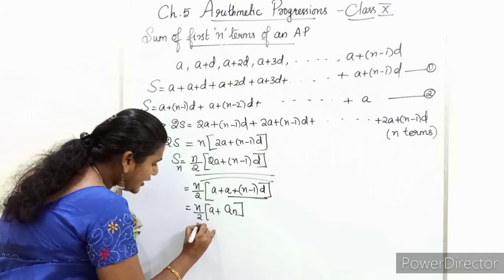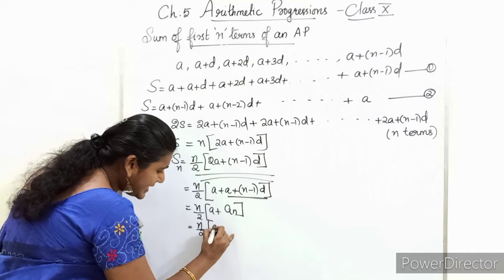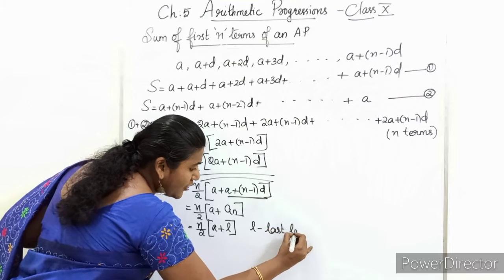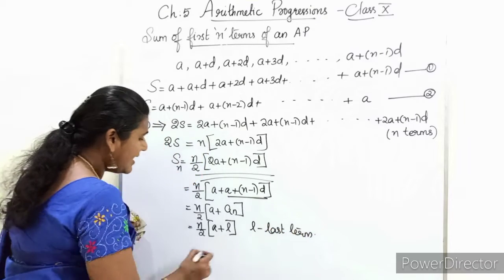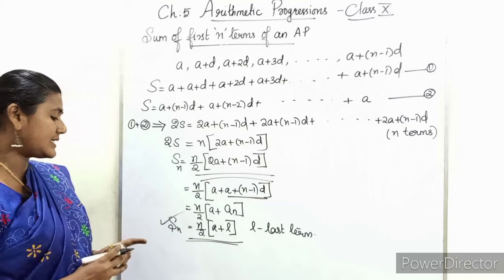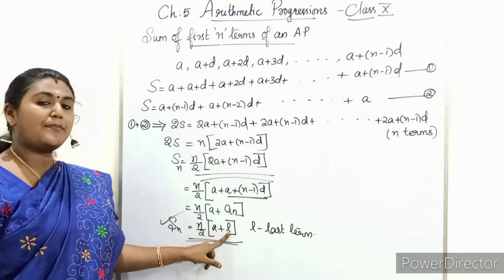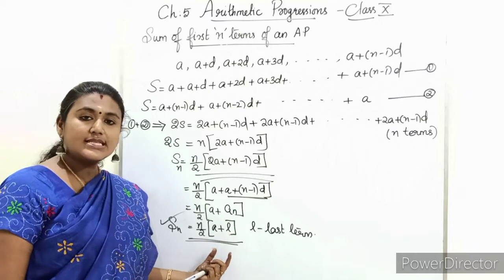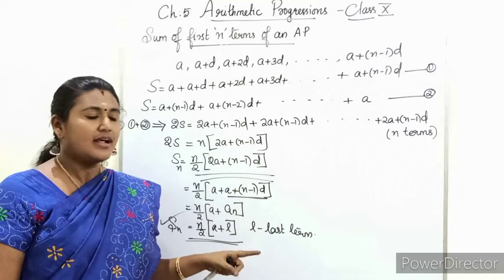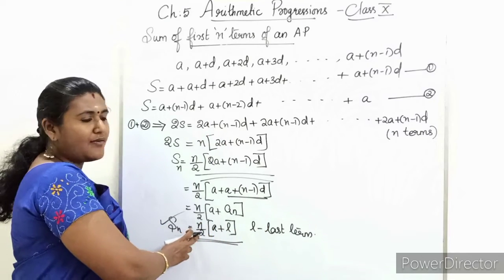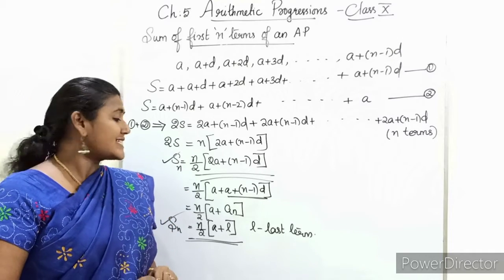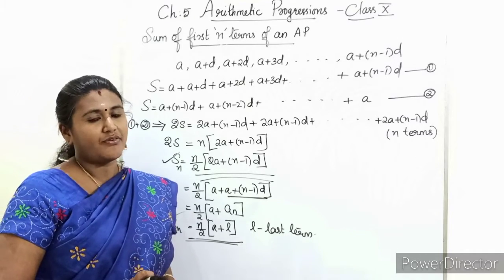If we denote the last term by L, then this is another formula for Sn: Sn is equal to n by 2 into a plus L. Where can we use this formula? If that particular AP's last term is given, then we can use this formula for finding Sn. So these are the two formulas for finding sum of first n terms of an AP.